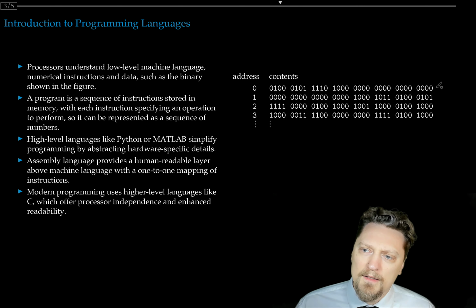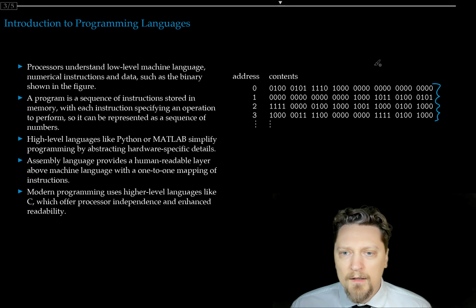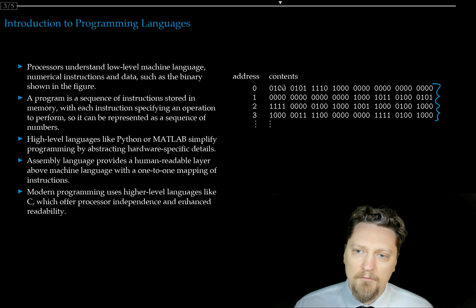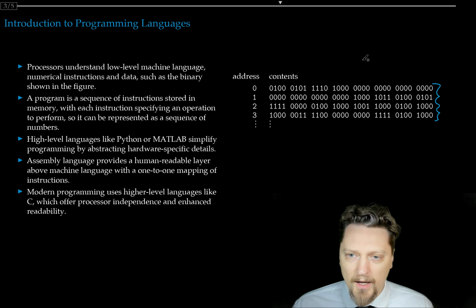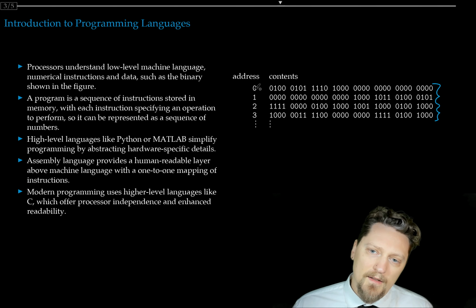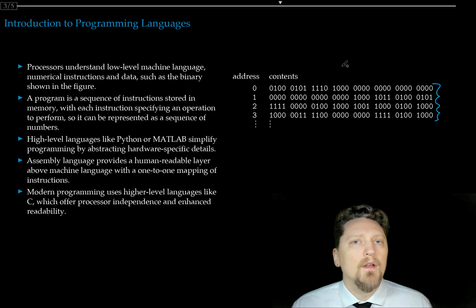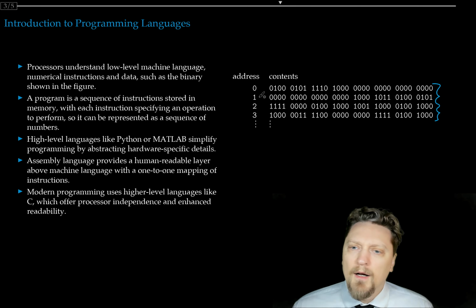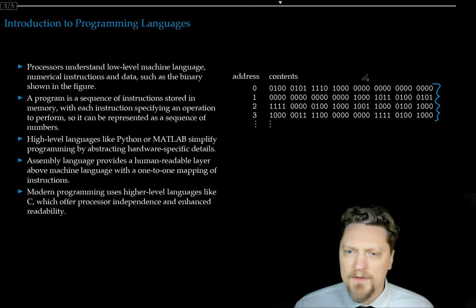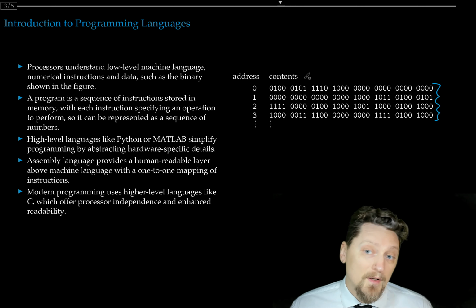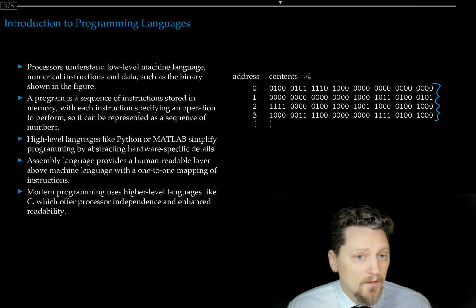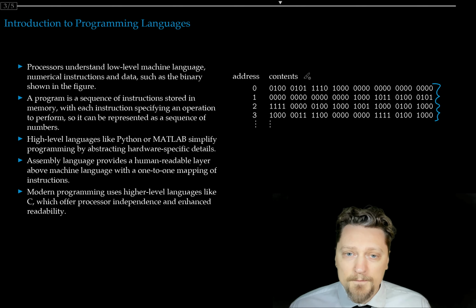So instructions and data ultimately get saved in memory like this, as numbers, ultimately binary numbers, and each address in memory has contents that are encoded with a number. So here I think we have 32 bits representing either a piece of data or an instruction for the processor.